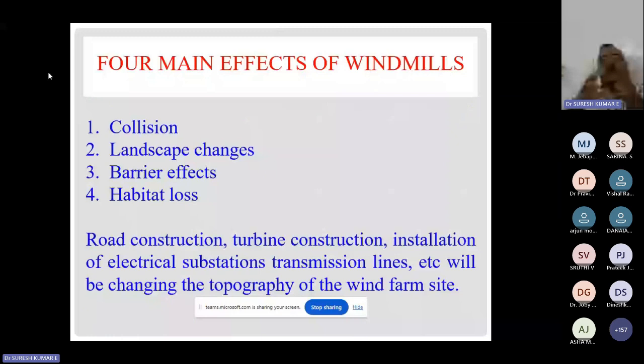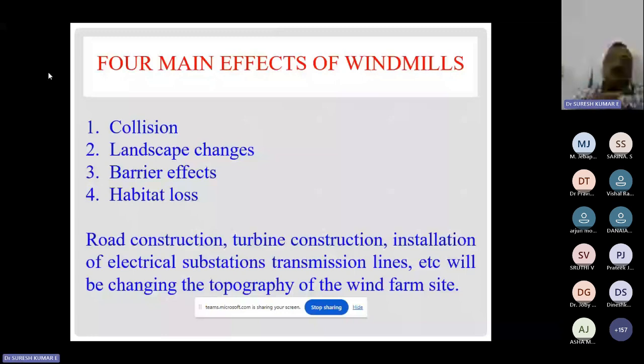The four main effects of windmills. One is, as just now seen, collision, then landscape changes. 30, 40 years continuously operating. Definitely that landscape will change. Barrier effects. When we are constructing roads and such things, that creates barrier effects, animals can't cross that. Animals may reroute to areas where people are residing. Finally, we will blame forest authorities.